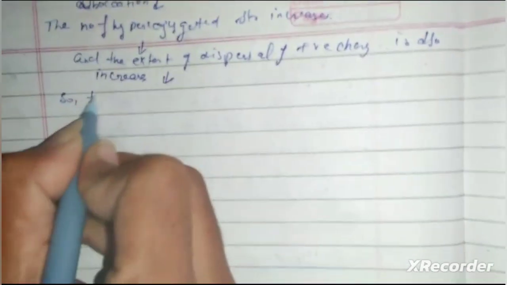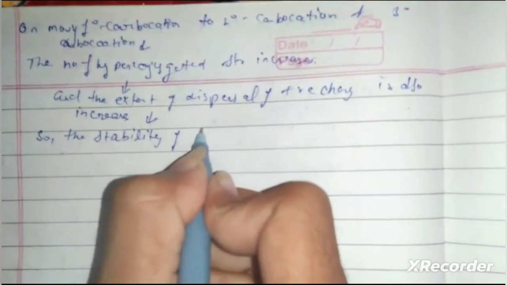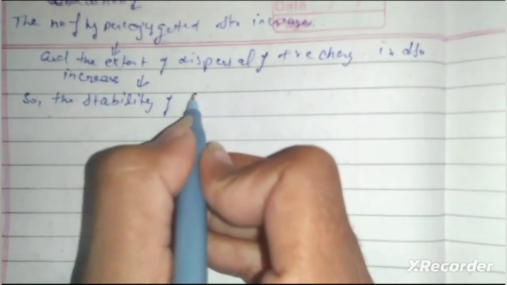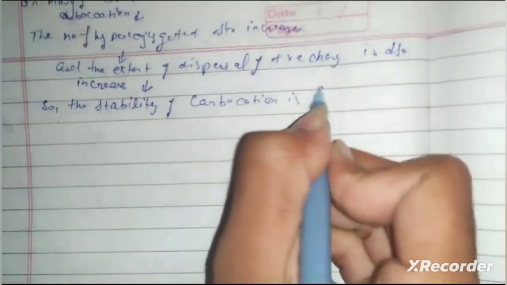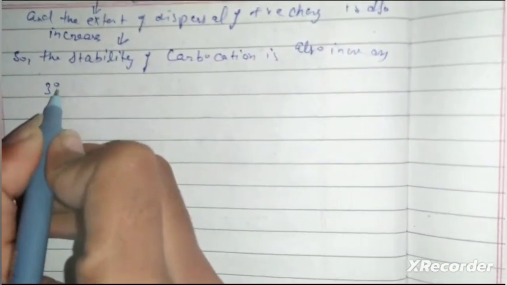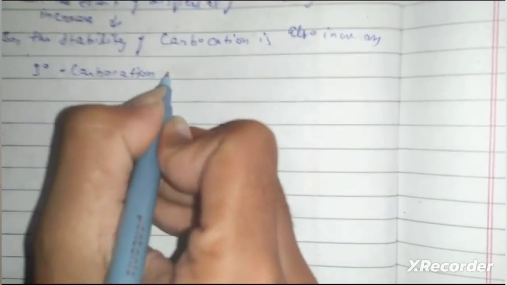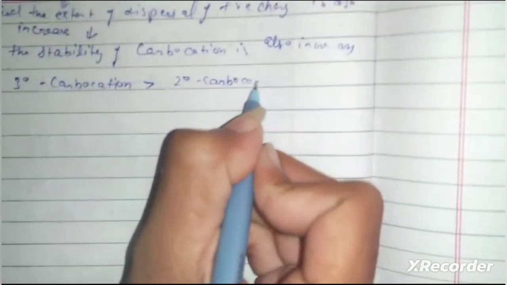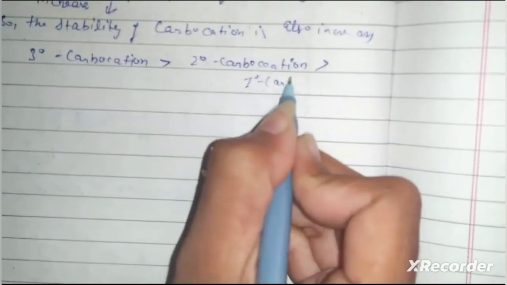So the stability of carbocations also increases. Then the stability order is: tertiary carbocation is more stable than secondary carbocation, and secondary carbocation is more stable than primary carbocation.